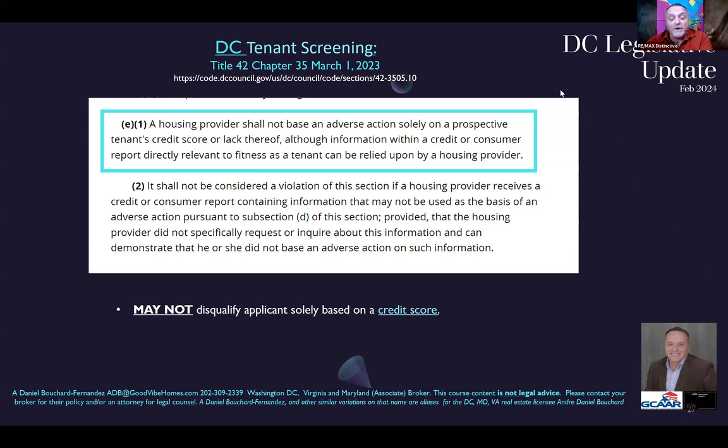So as a company policy, we are stating that we should not be using the credit score itself in any way, shape, or form as a deciding factor in approving or disapproving the applicant. Instead, use the content of the credit report itself to make the decisions.